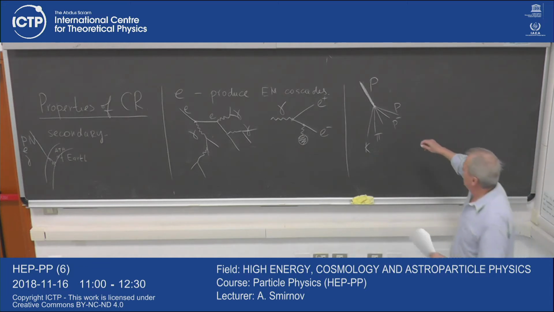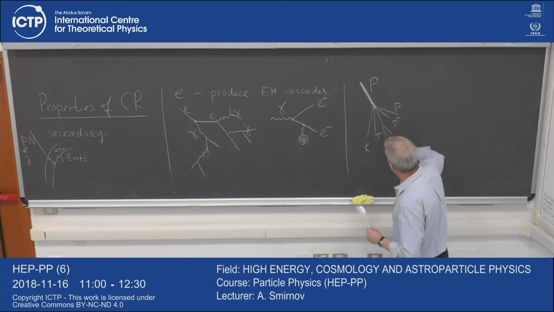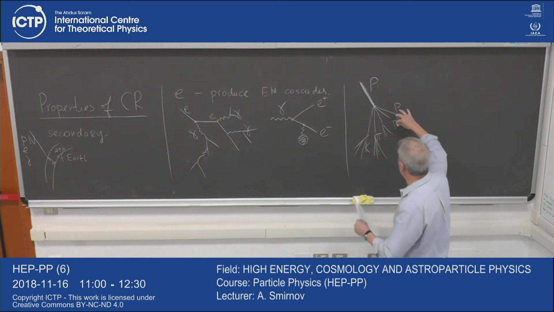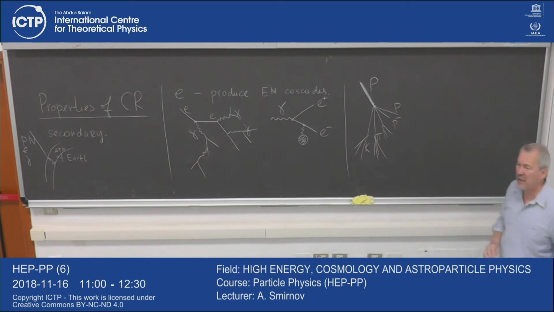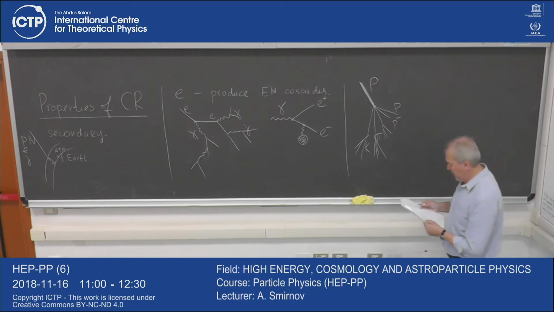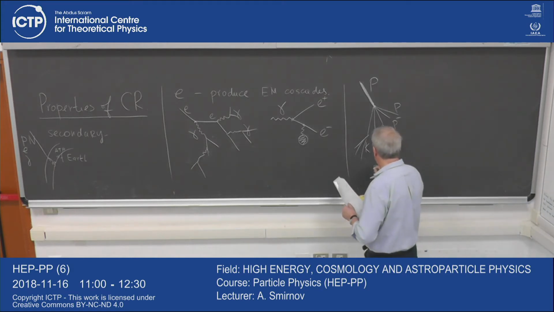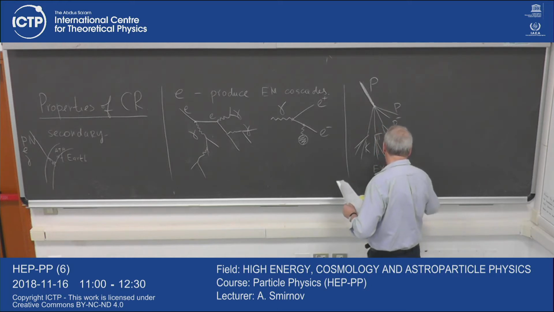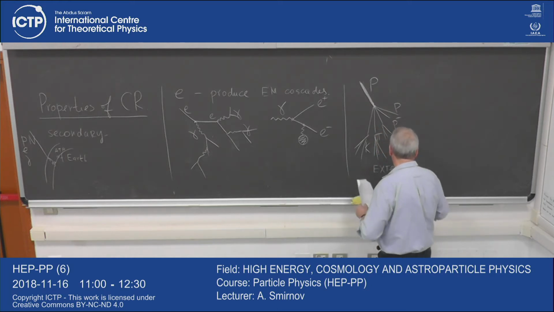Those particles in turn produce secondary particles, and we have this development of cascades, which is called extended atmospheric showers.